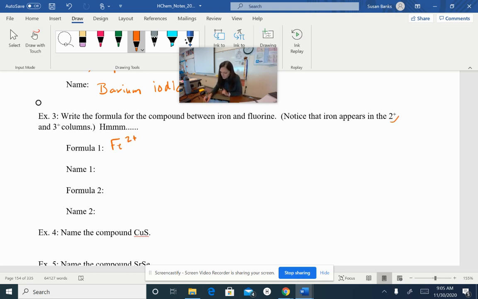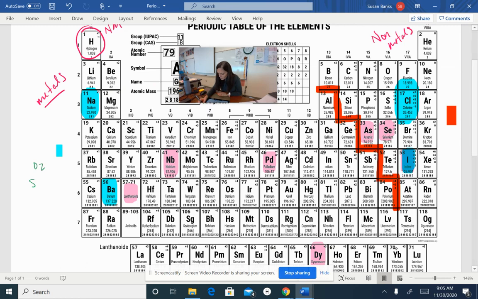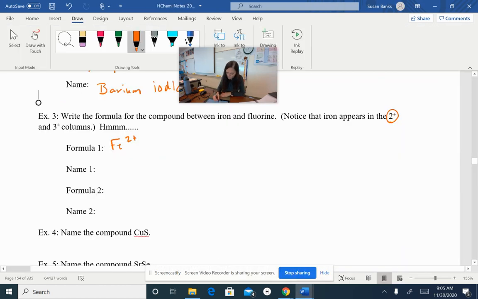We know that it's positive 2. Let's look at fluorine. Where's fluorine? Fluorine is right here, in the halogens, so it is a negative 1. So we've got our charges. Next, we need to think of our least common multiple.